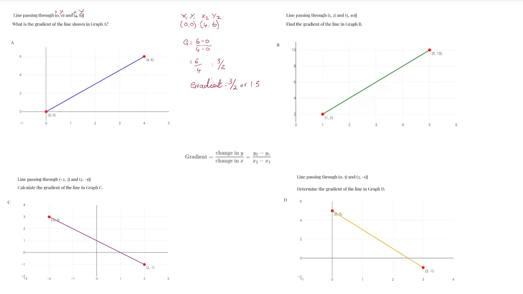We have gradients. We've got 1 and 2. Five and 10. Label them up.